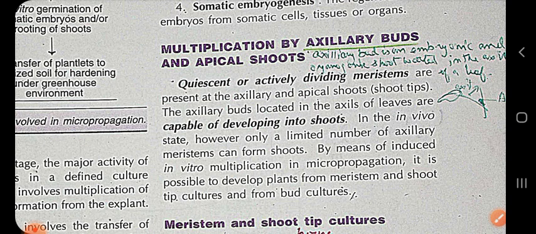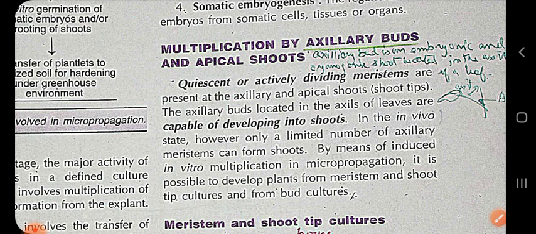In in vivo conditions, there is a limited number of axillary meristems that can form shoots. Some plant species, like the rose plant, can use the axillary bud in vivo to form shoots. By induced in vitro multiplication, in micropropagation, it is possible to develop plants from meristem, shoot tip and bud cultures.